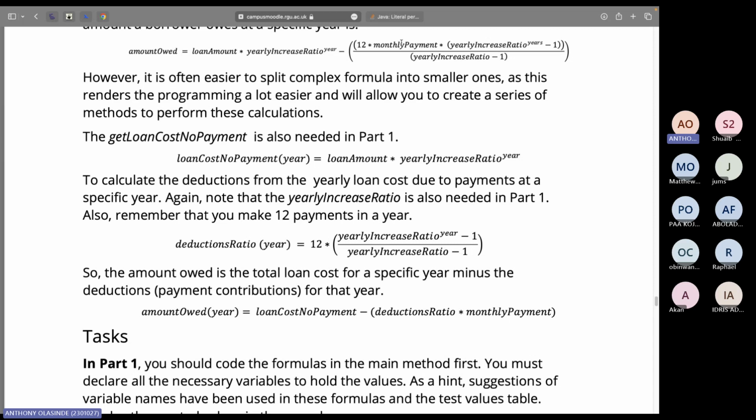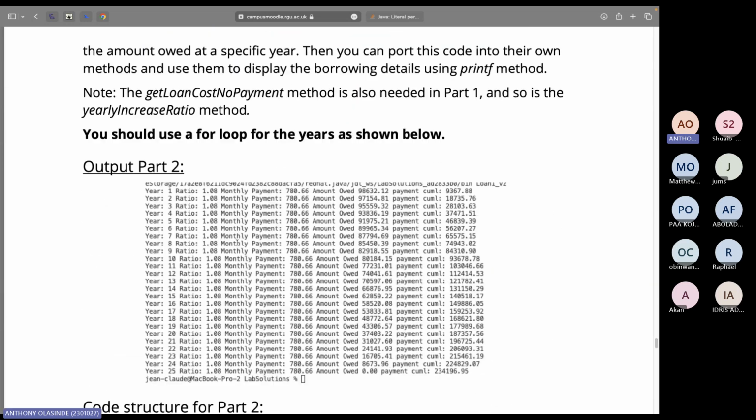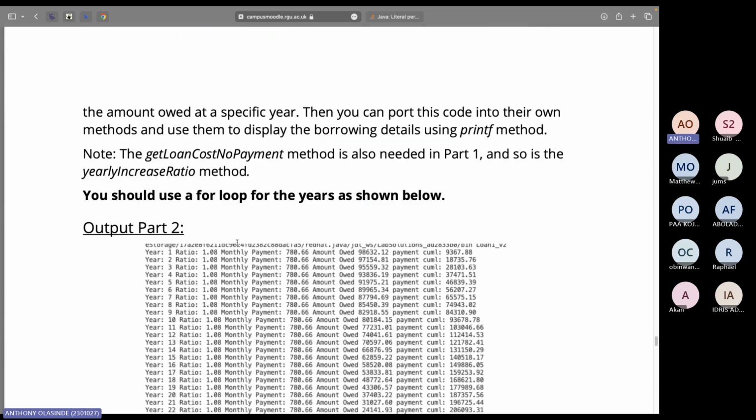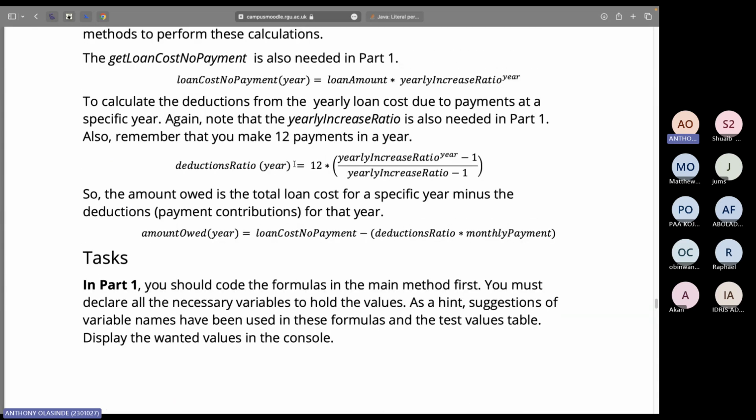If we want to bring in this one now, we could just say times monthly payments, but we'll come to that in a bit. I think they are using this deduction rate somewhere else down the line. Let me see if I can find it. I don't know, but I think it's a formula on its own for something else.